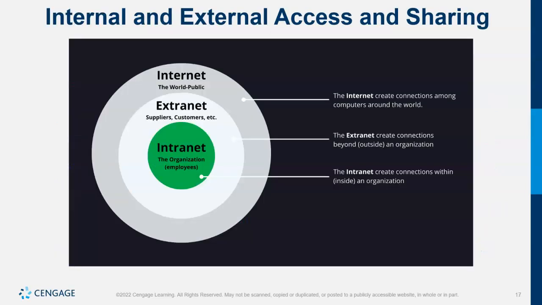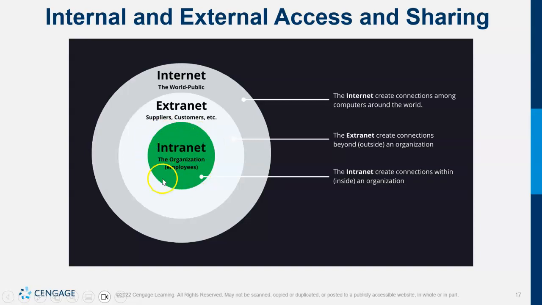Your book also talks about internal and external access and sharing, and I like this graphic because I think it helps you to see the differences. So we all know what the internet is, right? We create connections among computers around the world. An extranet, I'm actually going to go to an intranet. An intranet is when our computers or our networks are connected within our organization.